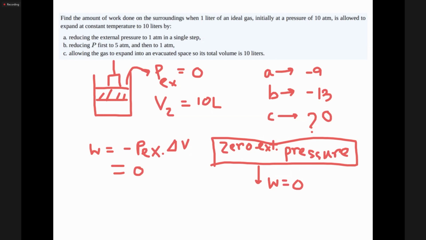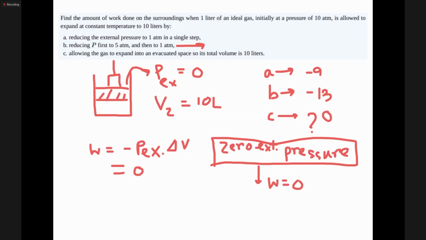In all the cases, we have calculated the work done, and we have seen that whenever we split the process into multiple steps, like in this case, where we did not go to 1 atmosphere in a single step but took a halt in between at 5 atmosphere, the work done by the system was quite higher.